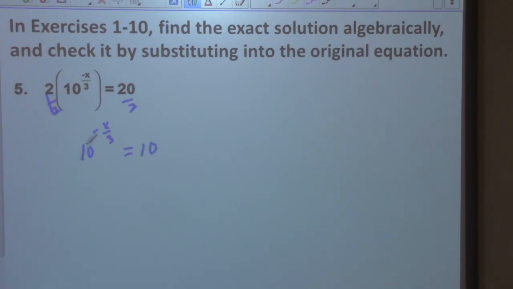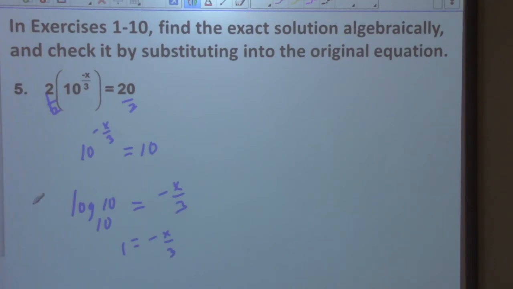And then you can take a logarithm here. So log base 10 of 10 equals negative x over 3. So here you have 1. So 1 equals negative x over 3. It ends up being the same thing.